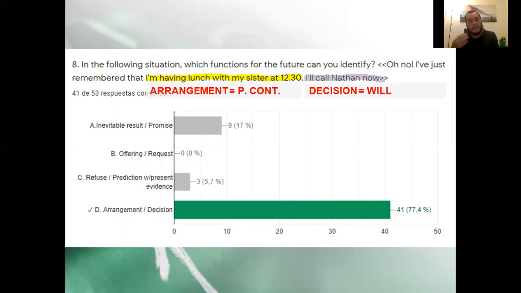Okay? The other alternatives, actually, they are all related to will. Inevitable result, promise, offering, request, refuse, prediction with present evidence, they are all related to will. So what is the conclusion in this part?